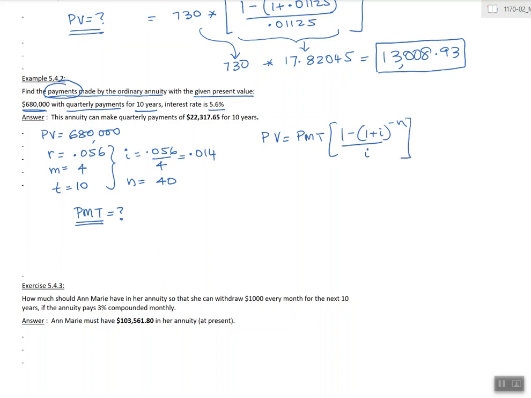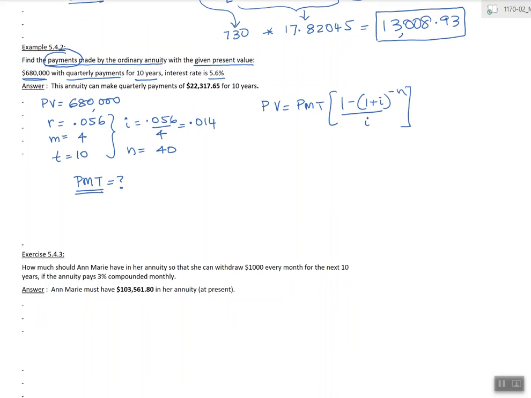This you would have on your formula sheet. Now let's substitute. So I know PV this time, so that is 680,000. PMT is what we don't know, and the rest of the guys are 1 minus 1 plus 0.014 raised to the power negative 40 over 0.014.